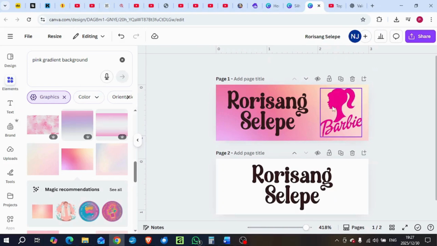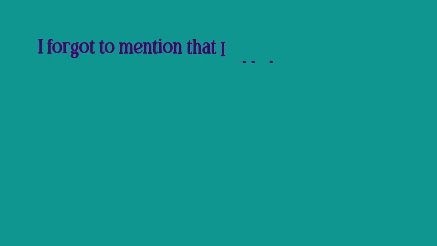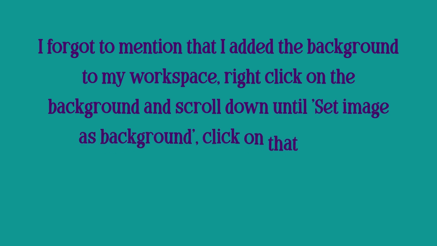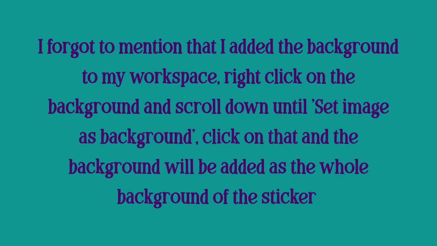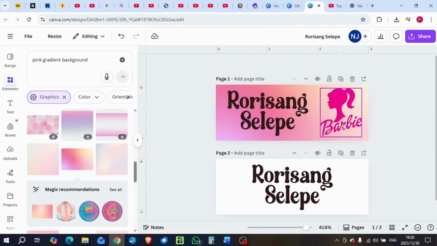Client asked for a Barbie theme. For the background, I typed in here pink gradient background, and I scrolled through every one until I got something that I like. And I add the name and my Barbie.